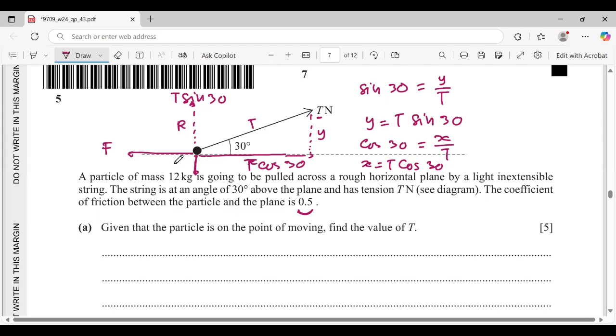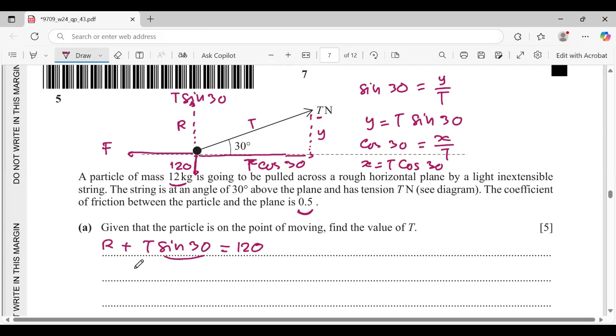M times g, 12 kilograms times 10, 120 newtons. Okay. Now, on the y-axis, R plus t sine 30, I fix first, t sine 30 equals 120.